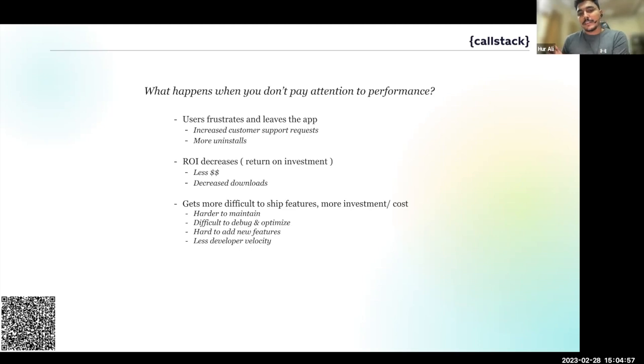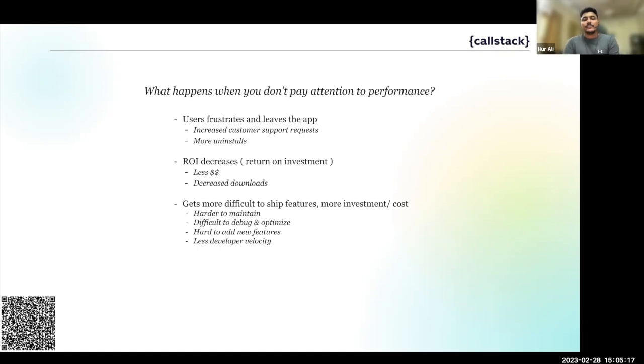And consequently, the ROI, the return on investment, will decrease because of fewer downloads and users uninstalling the app. You will have less money, or less turnover, all in all.